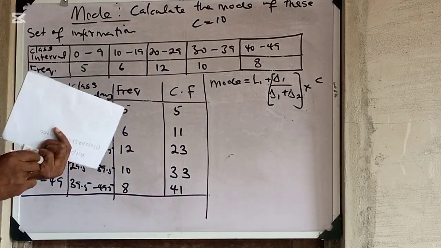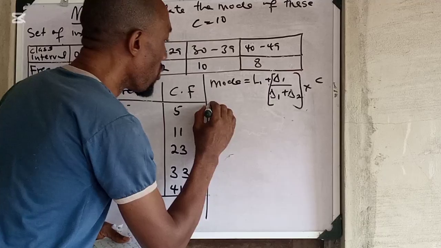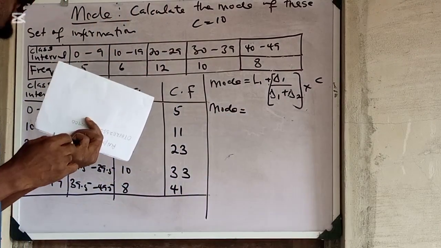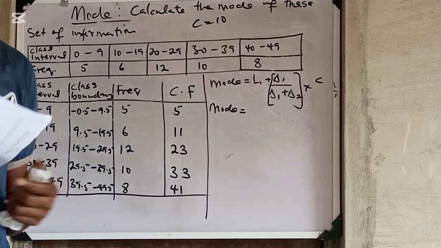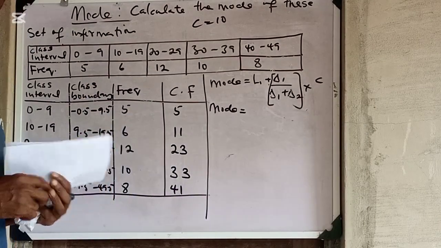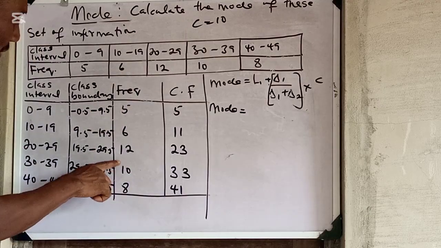So it means that our mode will now be L1, the lower class boundary of the modal class. What is our modal class? Our modal class is that class where the highest frequency occurred. Which is our highest frequency? 12.